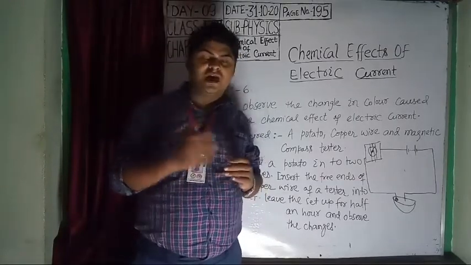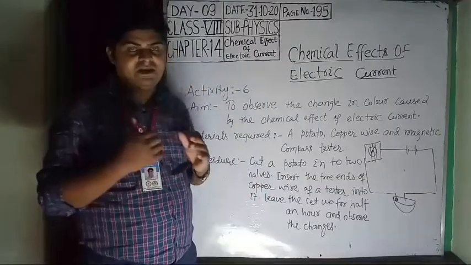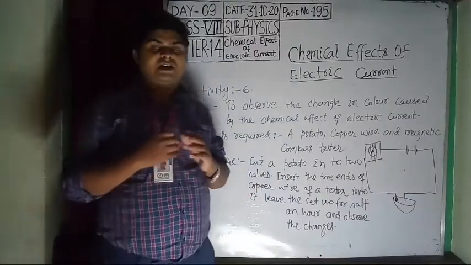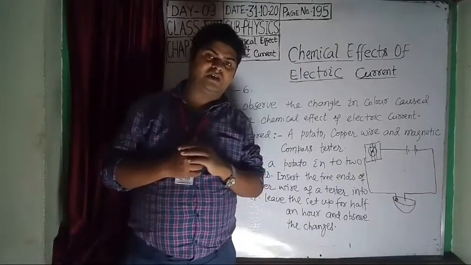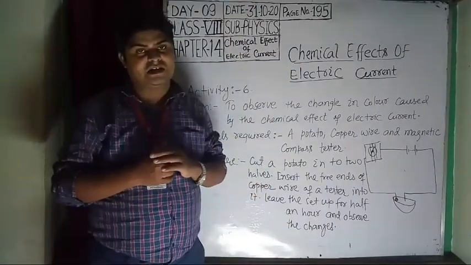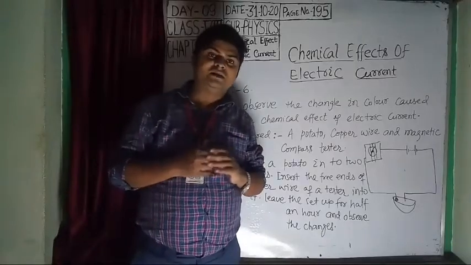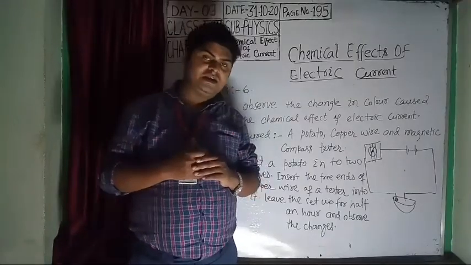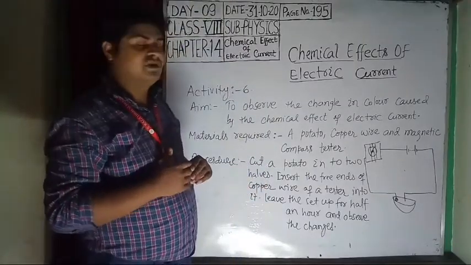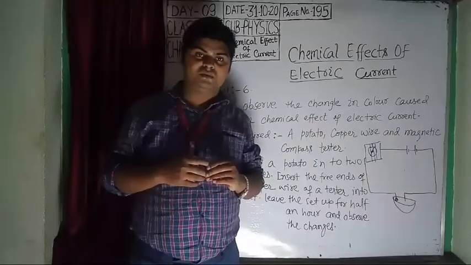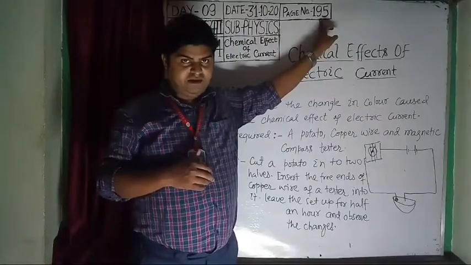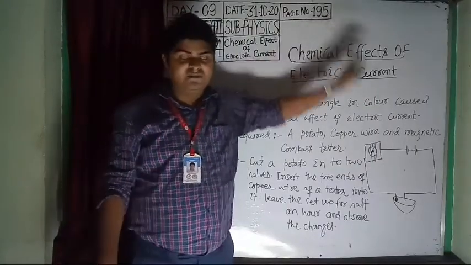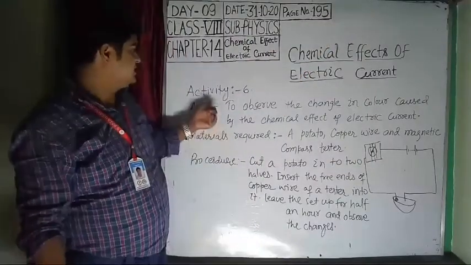Okay, so today I will do another activity. I will explain activity number 6, how to show that an electrolyte changes its color when electricity passes through it. Students, kindly sit with pen and notebook and turn to page number 195 and see activity 6.